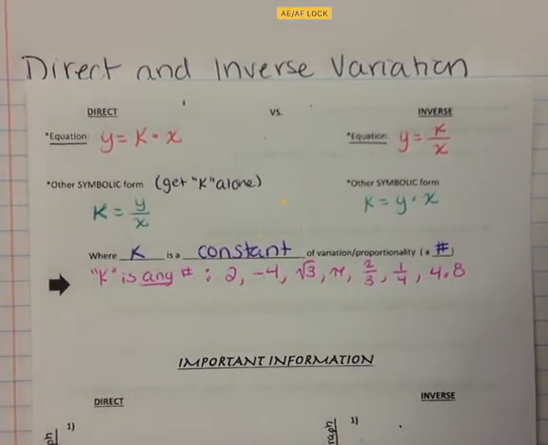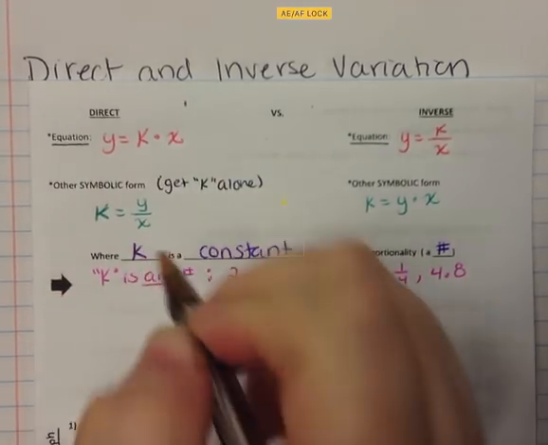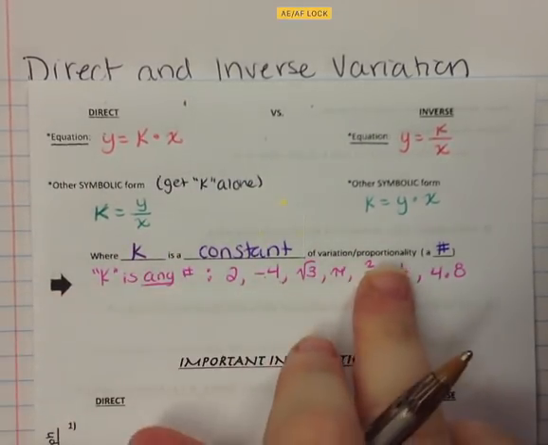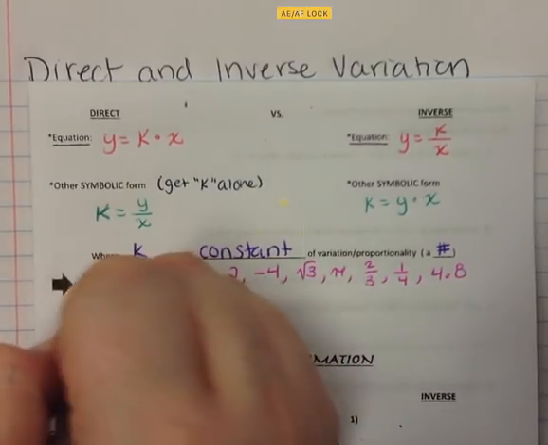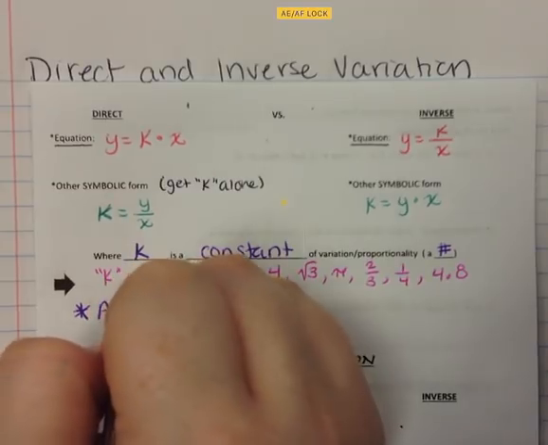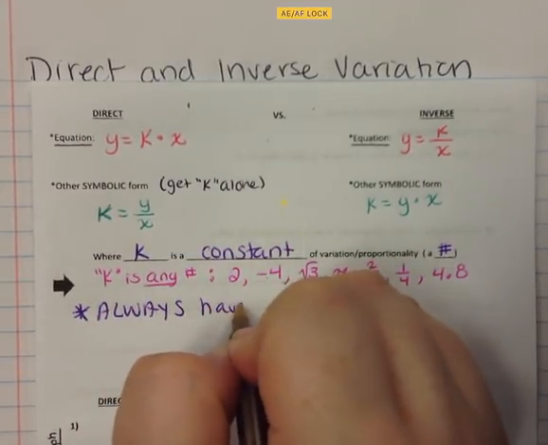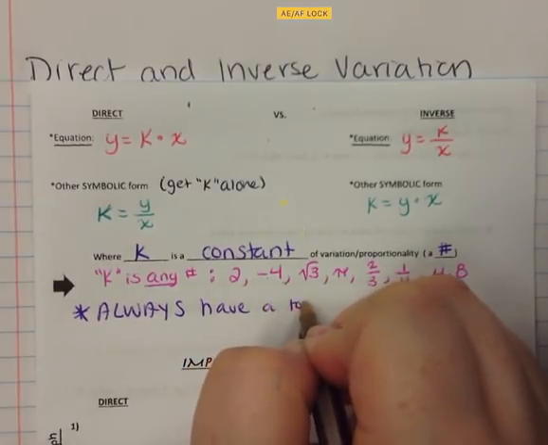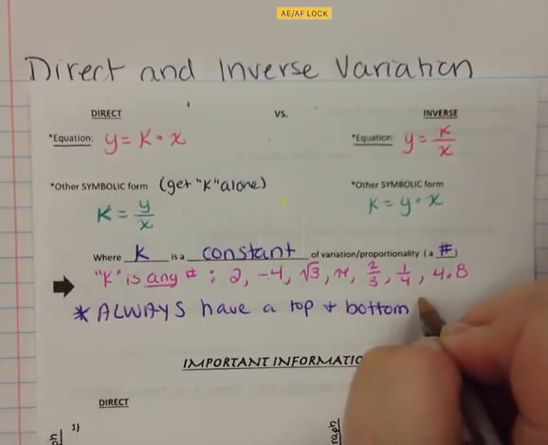Now, what is very important about your constant is that k, in order to know your constant, because it can be fractions, you have to know what the top and bottom is. Anytime you're finding your k, it must always have a top and bottom to your number.